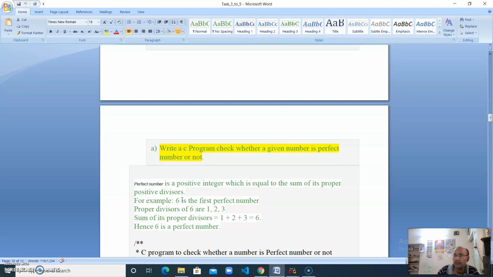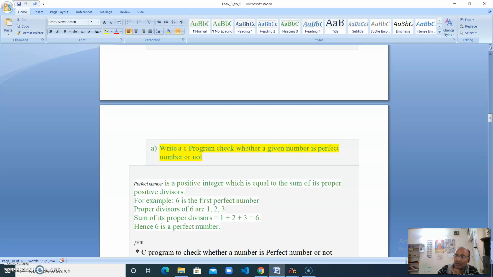Once again I am repeating. If the sum of the divisors is equal to that particular number, only at that time is that number a perfect number. Here I'm checking 6. What are the divisors of 6?